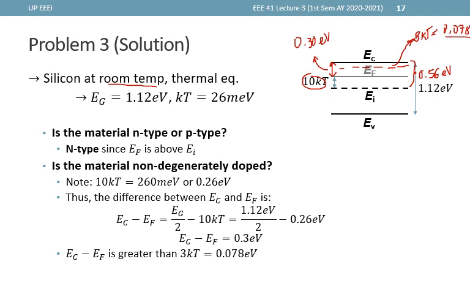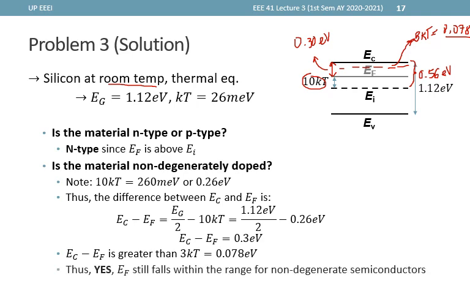And since 0.078 is still smaller than this 0.3, then EF must be lying within the margin for a non-degenerately doped semiconductor. So the answer is yes. The material must still be considered as non-degenerate.